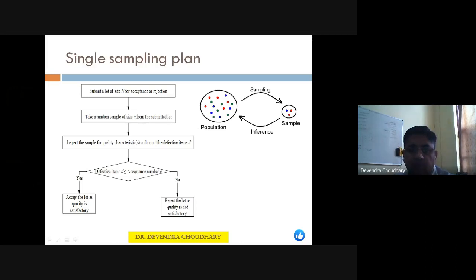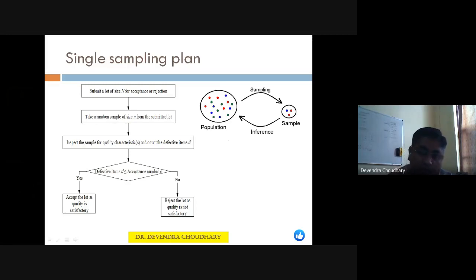If the number of defectives found in the sample is less than or equal to the acceptance number C, the entire lot is accepted by the customer. If the defectives found in the sample are more than the acceptance number C, then the entire lot is rejected by the customer. So this is the simple procedure of a single sampling plan.